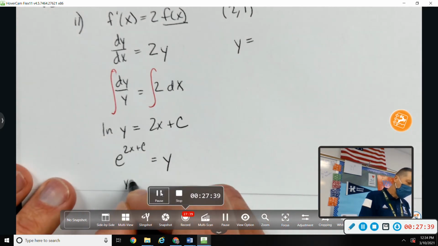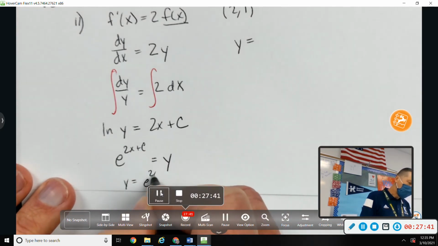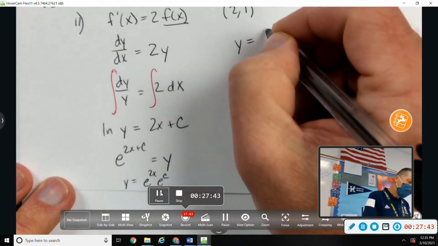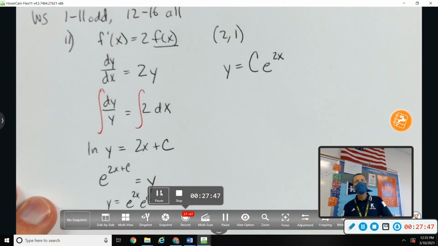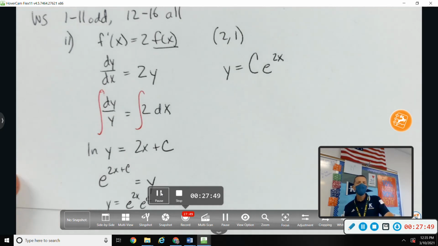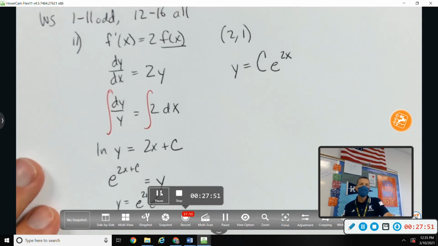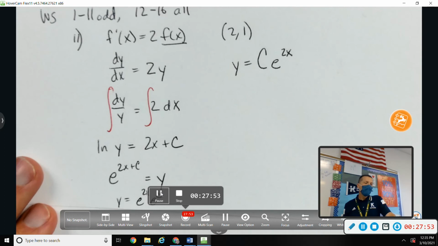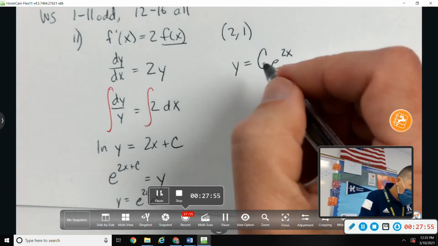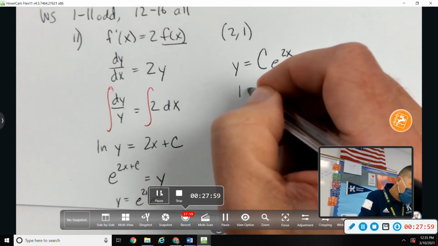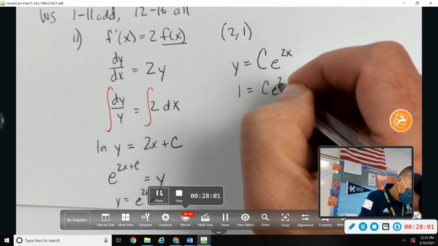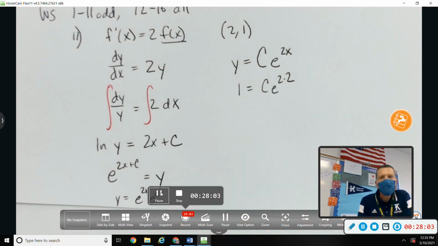I can do my algebra tricks here. e to the 2x, e to the c, which just means c, e to the 2x. And so that's my general solution. I'll use 2, 1 to get the particular solution.